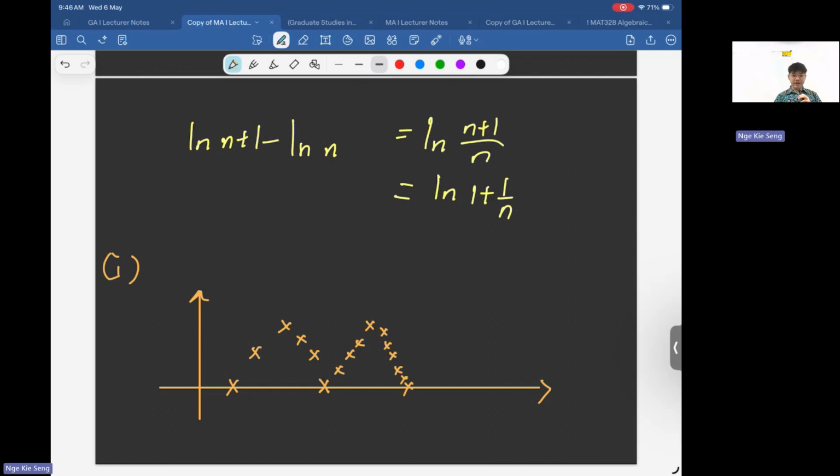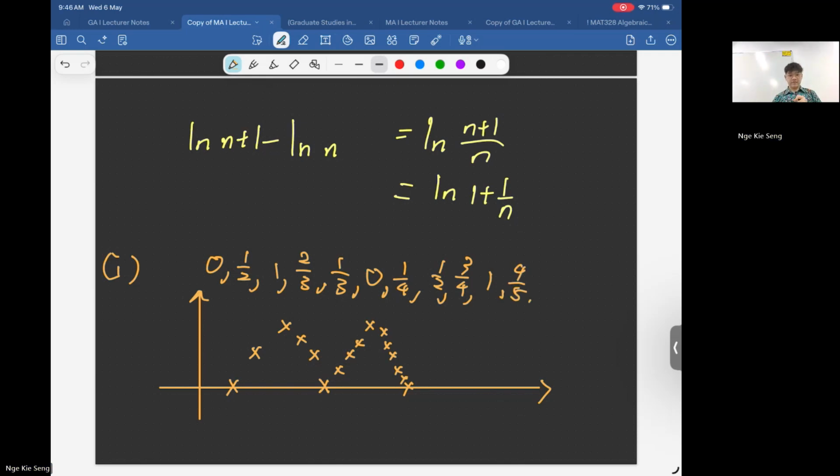So how do I write down this sequence here? Actually, it's 0, half, 1, 2/3, 1/3, go back to 0, and then increase again. But then I increase slowly, very small, increase even smaller. But then I always keep a 0 to 1 distance, and then I come back. I think from the picture, it's clear that this is not converging.